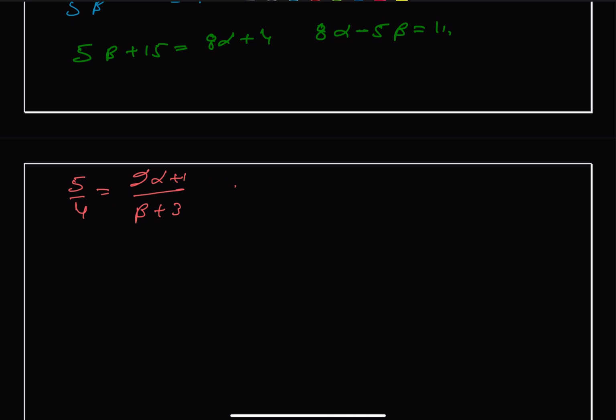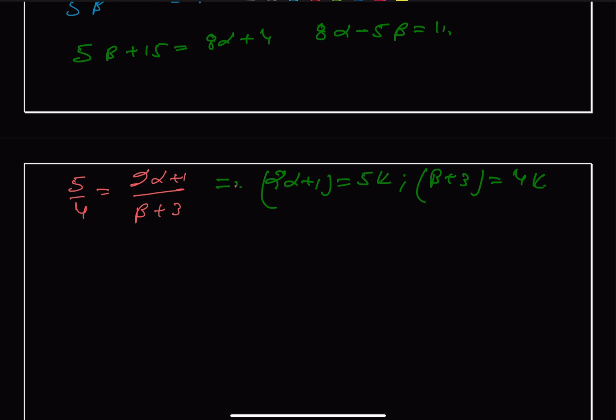from here we can write that let 2 alpha plus 1 is equal to 5k and beta plus 3 is equal to 4k. In this way we can easily solve it.